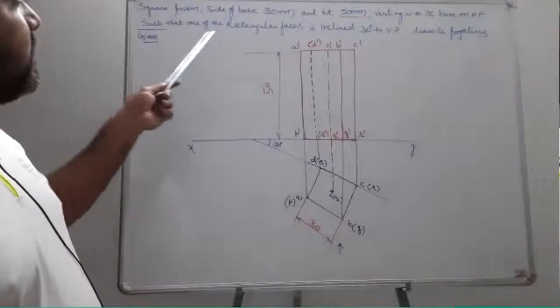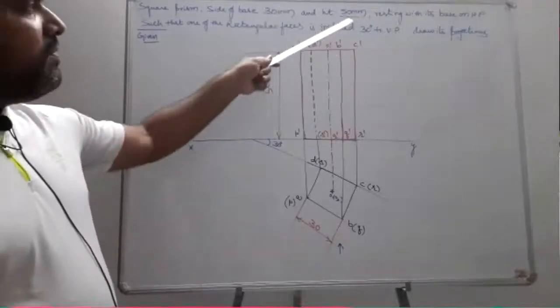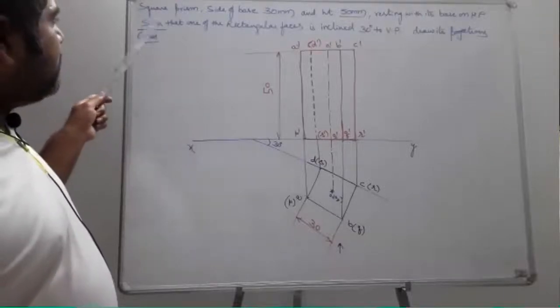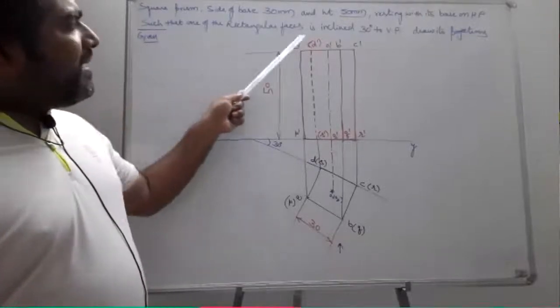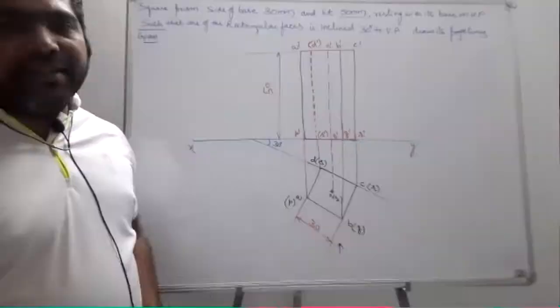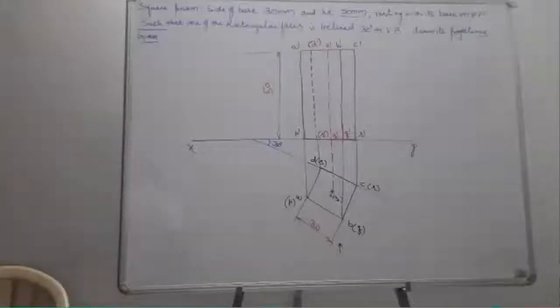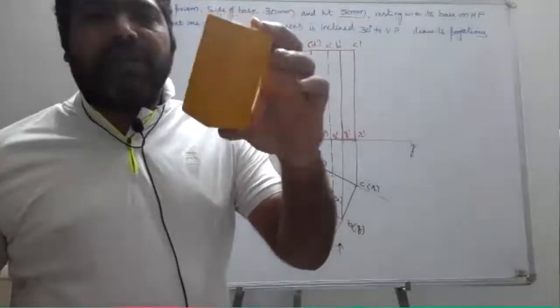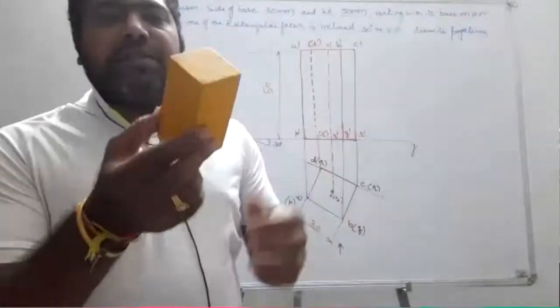Let us see a square prism, side of base 30 and height 50, resting with its base on HP, such that one of the rectangular faces is inclined 30 degrees. So one of the rectangular faces means, okay, so all of you see here, this was a square prism. Why? Because the base shape is square.